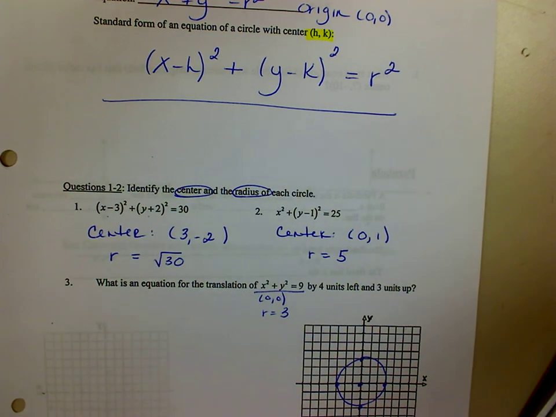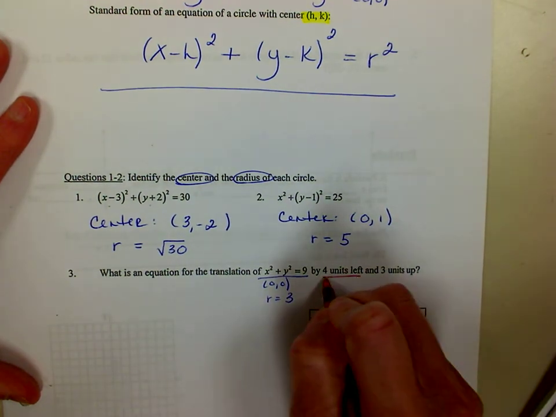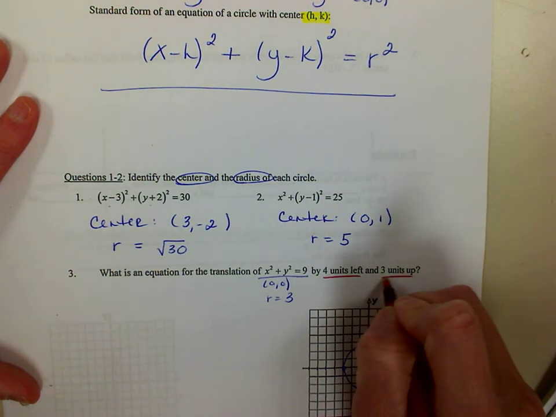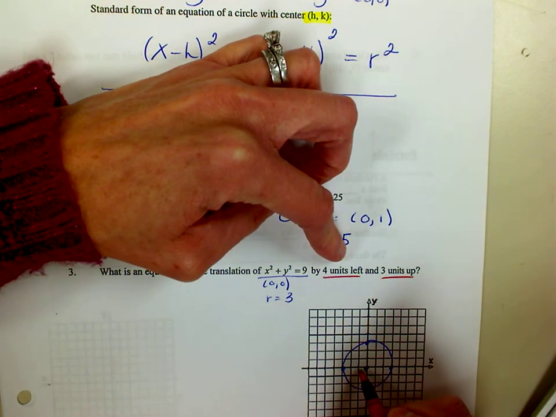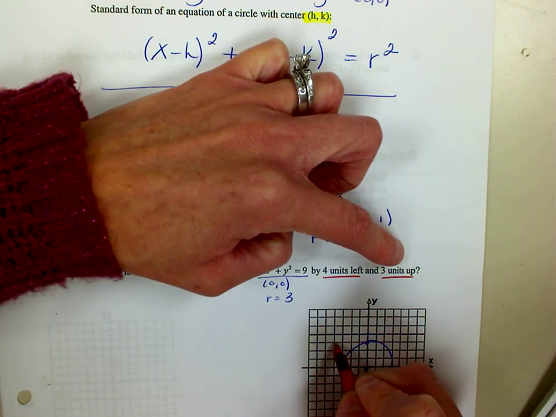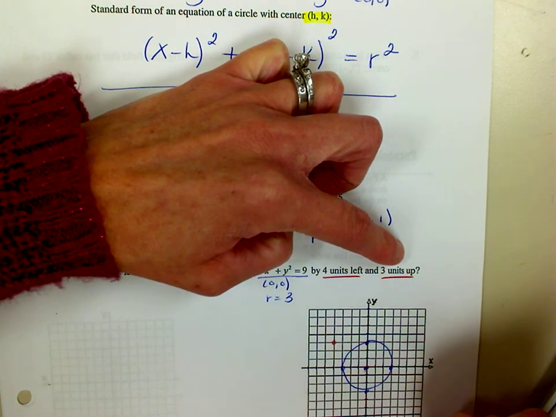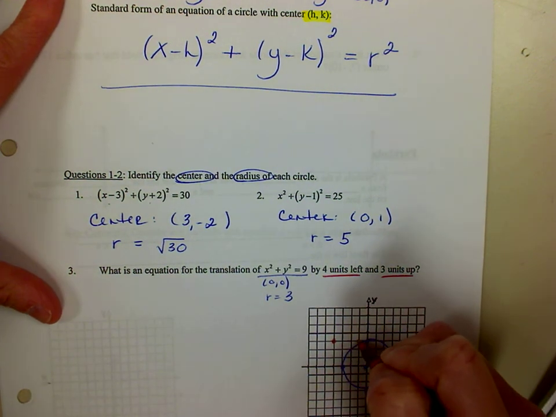So what I want to do now is translate the circle. I'm going to go 4 units to the left and 3 units up. So I'm going to take the center and translate it 4 units to the left and 3 units up. And the radius is still going to be the same. That doesn't change. So the radius is still 3.